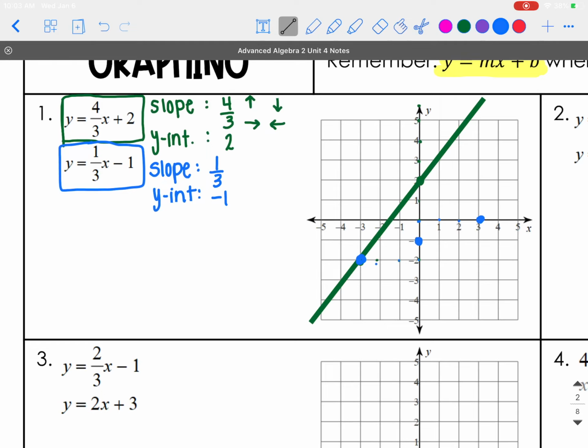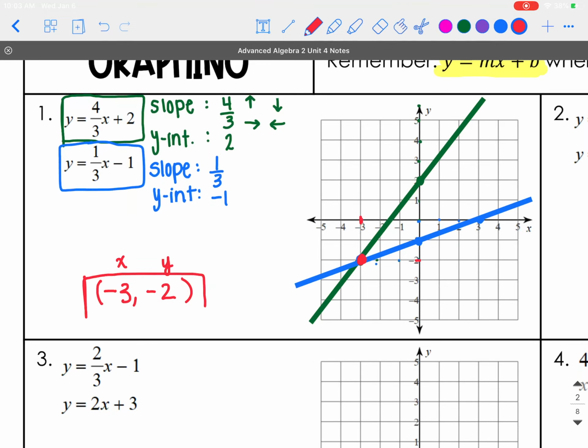So I'm going to connect those. From this point where they cross, that is called the solution. And so my solution is the point -3, -2. The x is first and then the y. So -3, -2 is my solution.